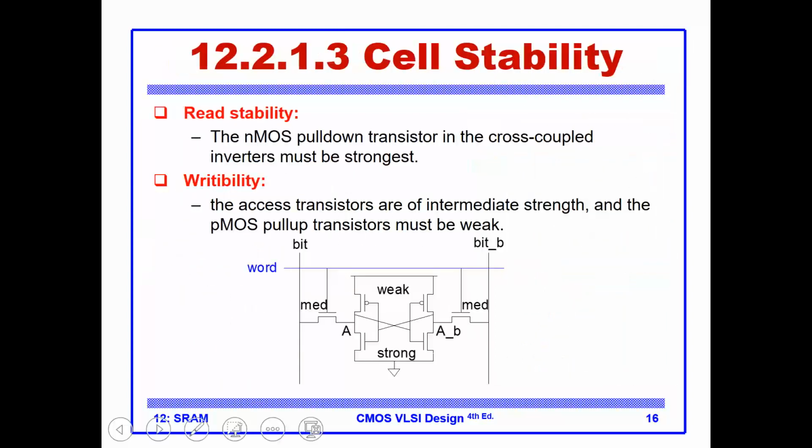Now, it is important that my SRAM is a stable circuit. And to sum up what we discussed, we said for the read operation, it is important that those transistors, the NMOS, are stronger than those access transistors.